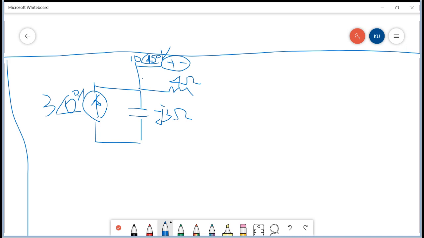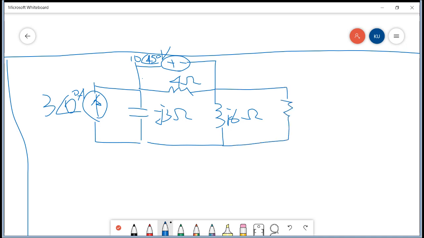This is A. So next, an inductor, J6 ohm. This is 12 ohm. And this is V1, this is V2.